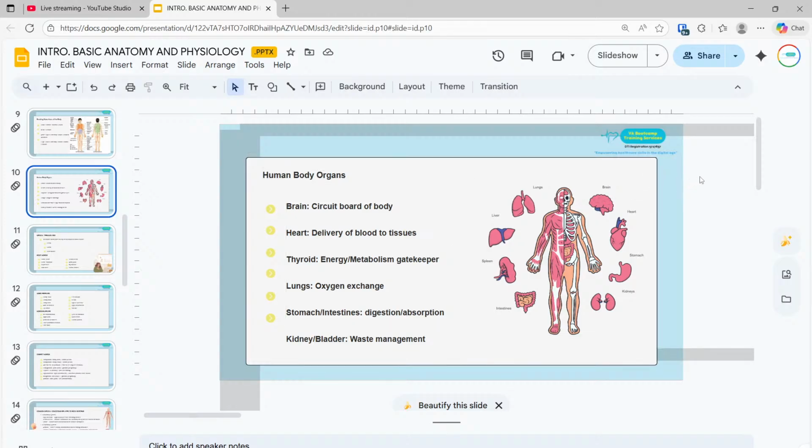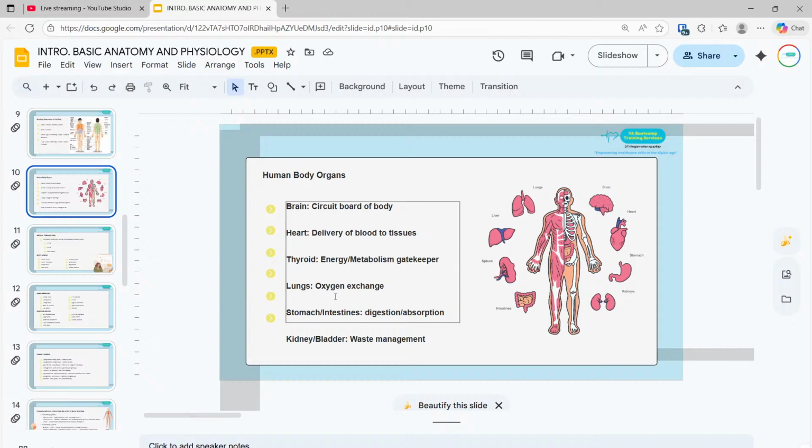Next, we go to human body organs. So, what are the big organs of the body? Okay, so the brain functions as the circuit board of the body. For the heart, delivery of blood to tissues. Thyroid is for energy, the metabolism gatekeeper.